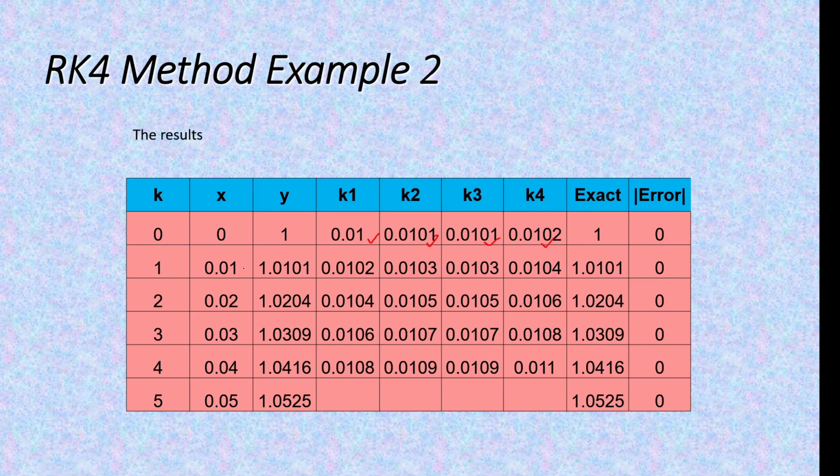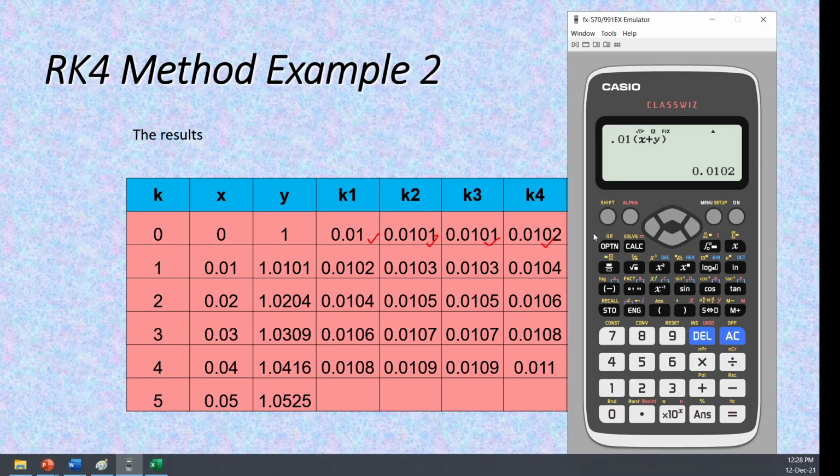And then calculate for y1. No more formula, so for y1, I can use alpha y plus alpha a plus 2b plus 2c plus d, divided by 6.